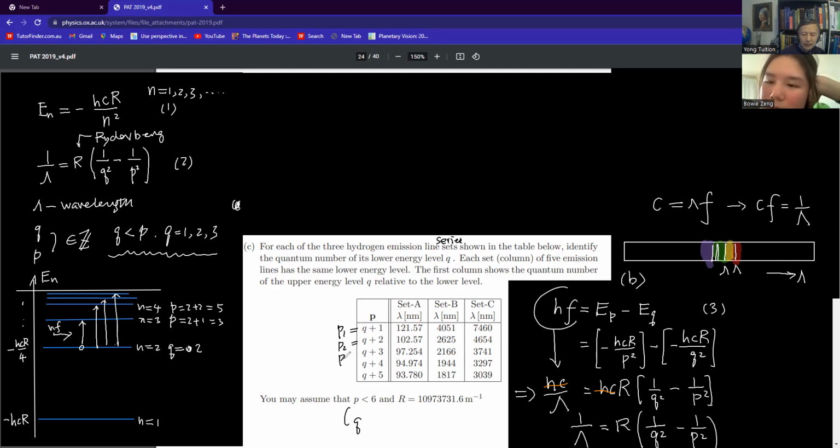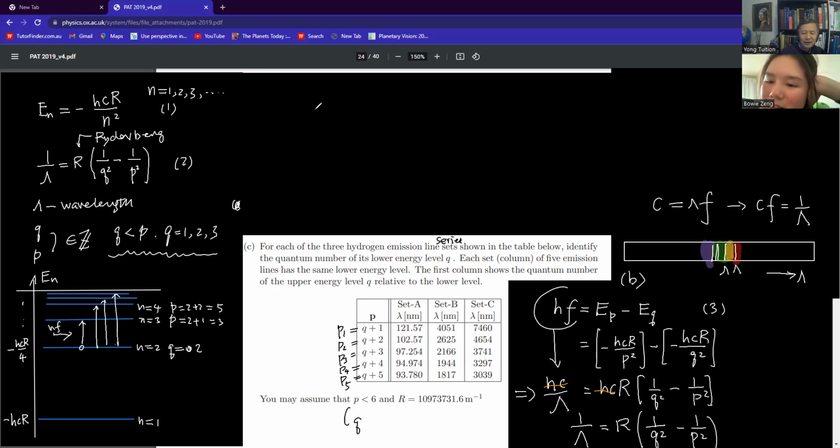So Q must be smaller than 1. There are 5 P values, and P is less than 6. What is Q? Q cannot equal 0. That's unfortunate, but it can't equal 1 either.